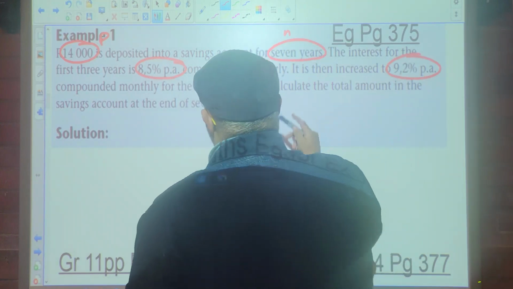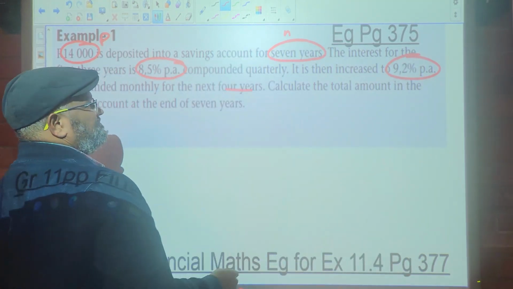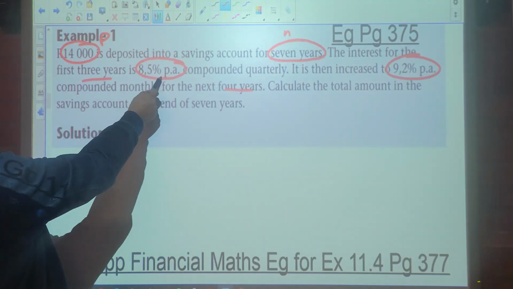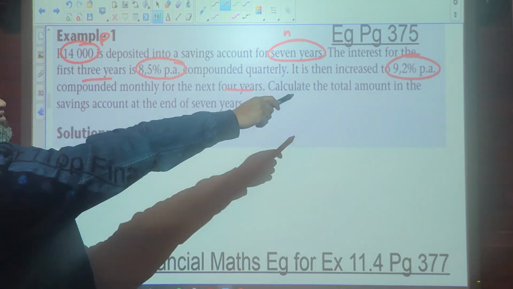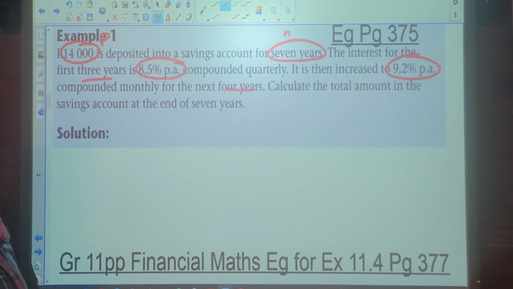So the i value is changing for the remaining 4 years. Calculate the total amount in the savings account at the end of 7 years.